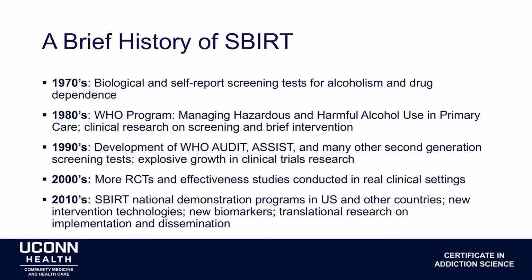During the 1970s, there began to be interest in biological screening tests, usually liver enzyme and liver function tests, to identify people with alcohol problems and to provide a verification of a diagnosis of alcoholism or alcohol dependence. Out of these came self-report screening tests, which were often found to be just as sensitive and specific as the biological screening tests. But still, they were designed to focus mainly on people with alcohol dependence.